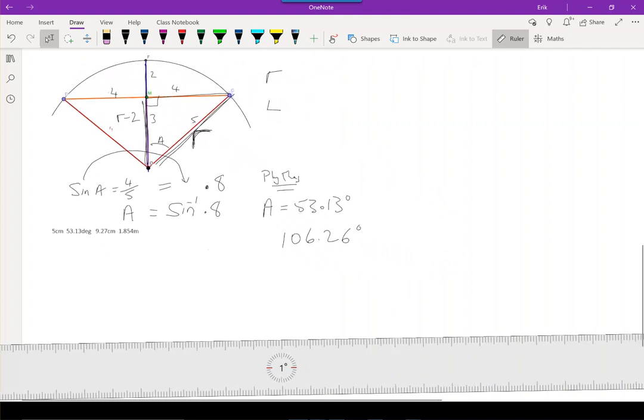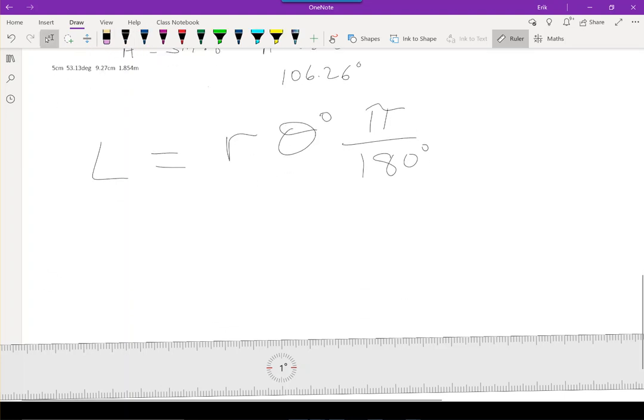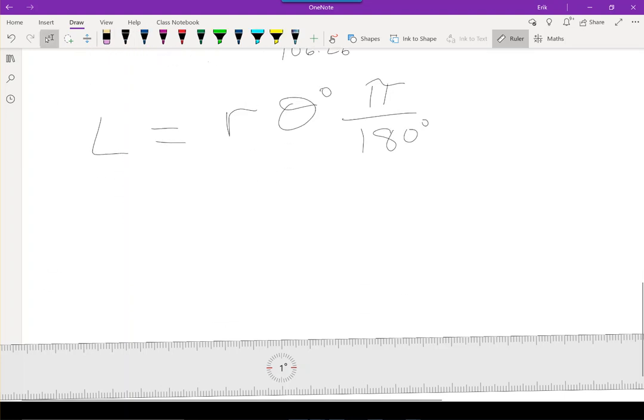Okay. So like I said, now I'm going to calculate the length. And remember, the length should normally look like r theta, but ours is in degrees, and we have to fix that. So we'll go pi over 180 degrees. That's using the formula for the length of a segment from page 9 when the angle is in degrees.